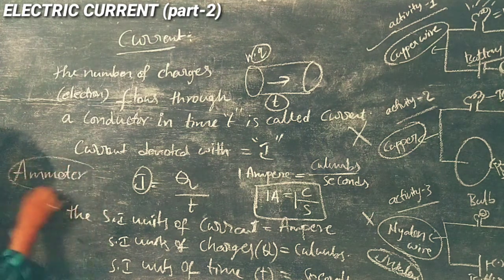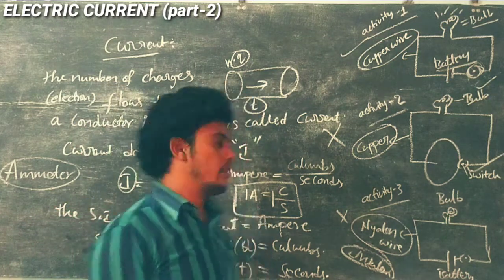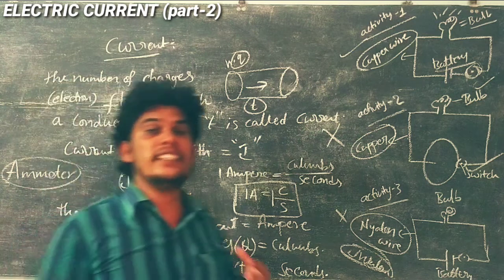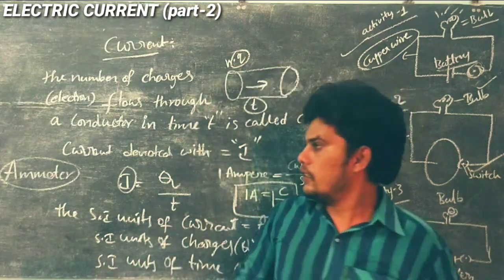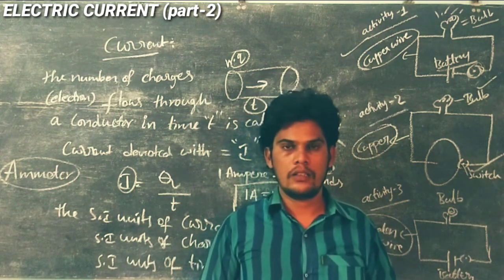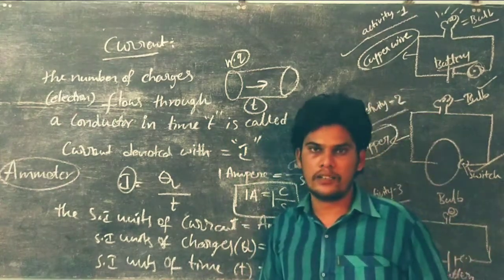They will ask a question for half mark: what is the instrument used to measure current? To measure current we use an ammeter, and it is connected in series, not in parallel. If you take any circuit, this ammeter is connected in series. This is about the definition and formula of current.